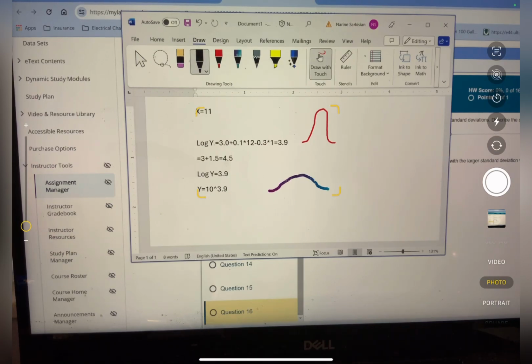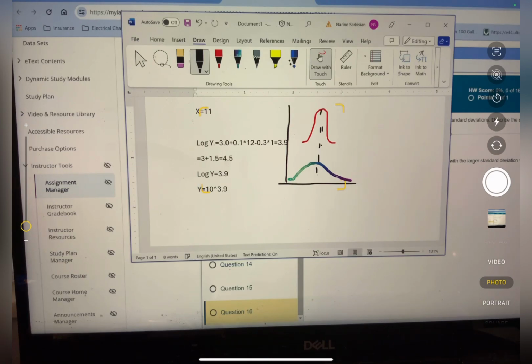Let me draw it this way, and this will go this way, and the mean is identical, right? It goes through the same center.